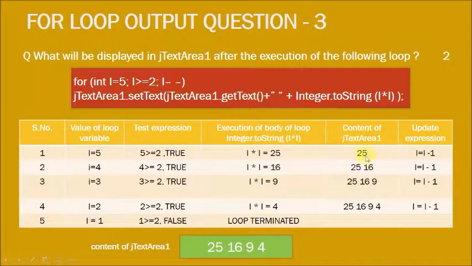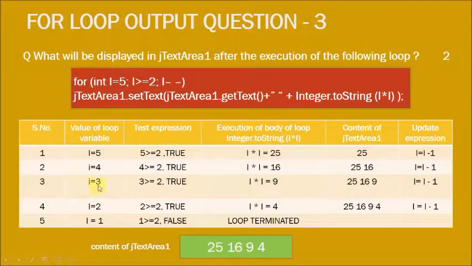In the previous iteration, the content of jTextArea1 was 25, so this will be concatenated with the value of this expression, which is 16, and this concatenated string is again set into jTextArea1. So the content of jTextArea1 will become 25 space 16, the space is also given here. Then it will jump to the update expression, that is i = i - 1.